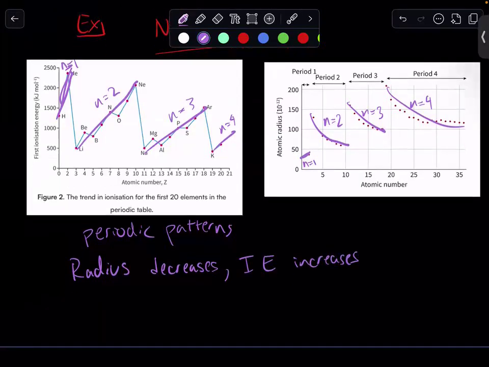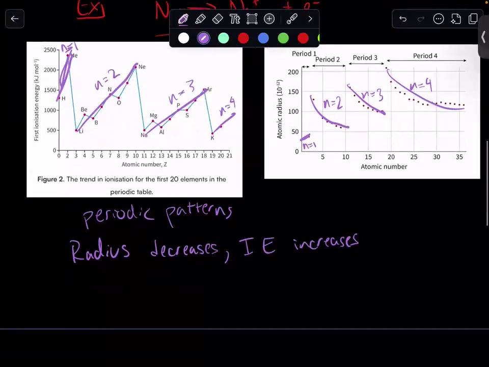Now, we can figure out why that is. Ionization energy is based off the attraction of the valence electron with the nucleus.